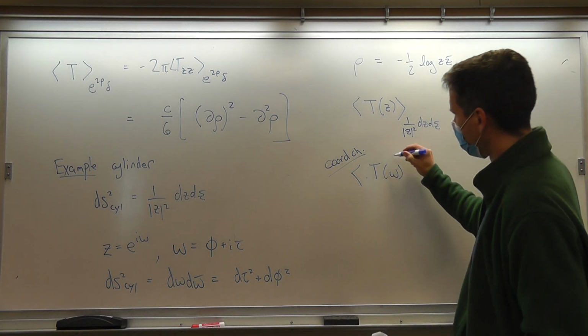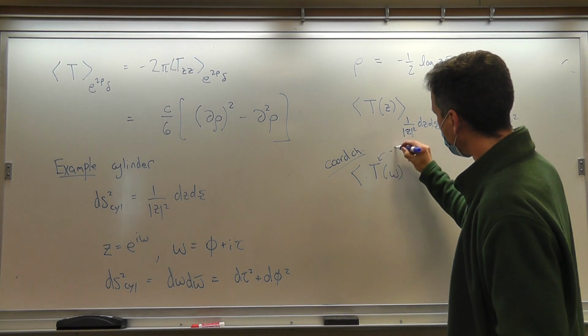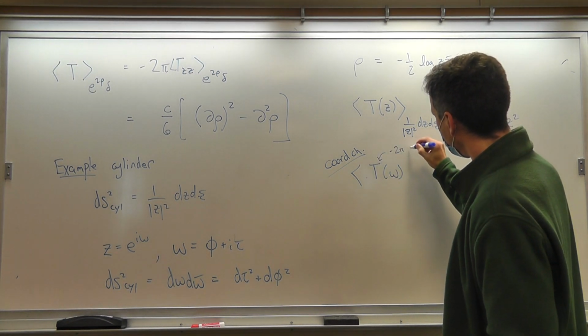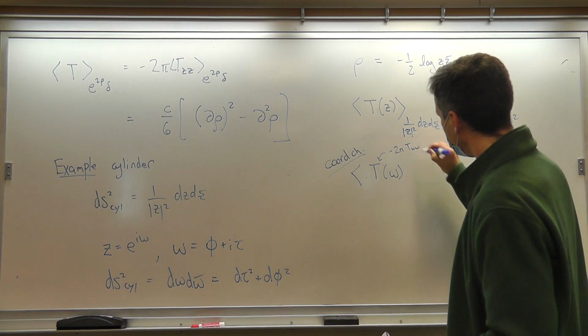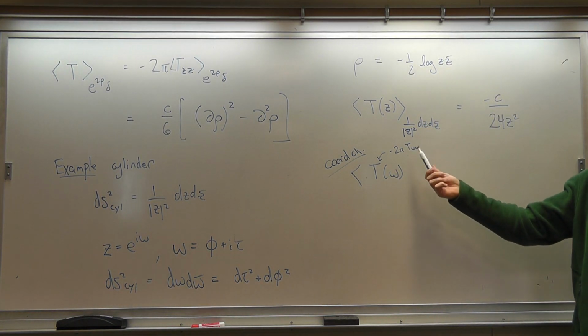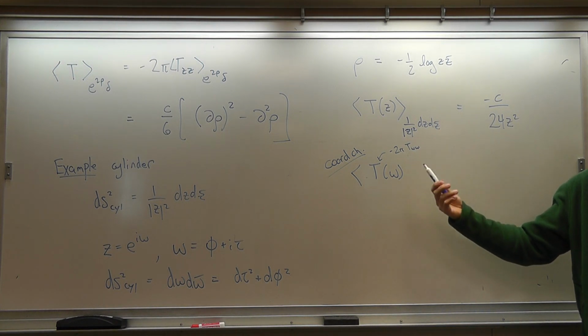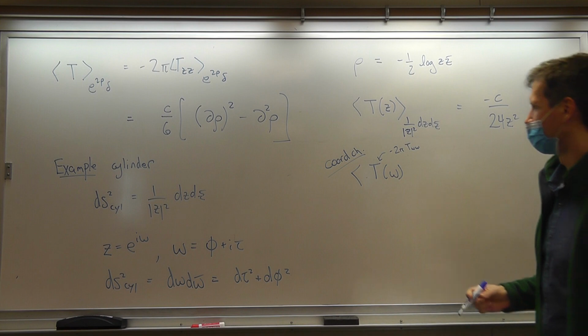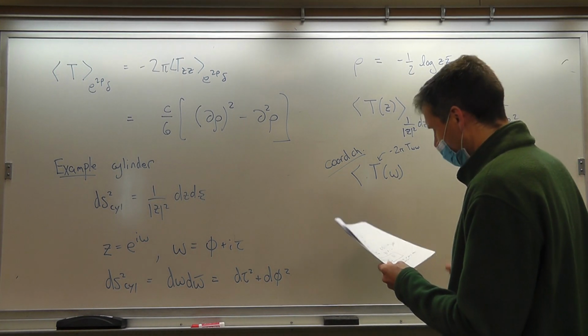So T of w means minus 2 pi T_ww. It is not the same function, because of the indices on T, this is not the same function T of z evaluated in w. But that's how we do it.